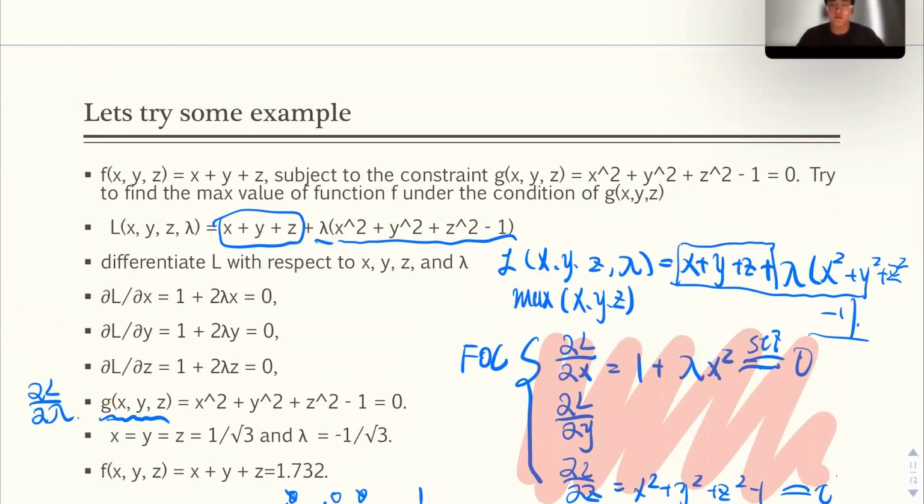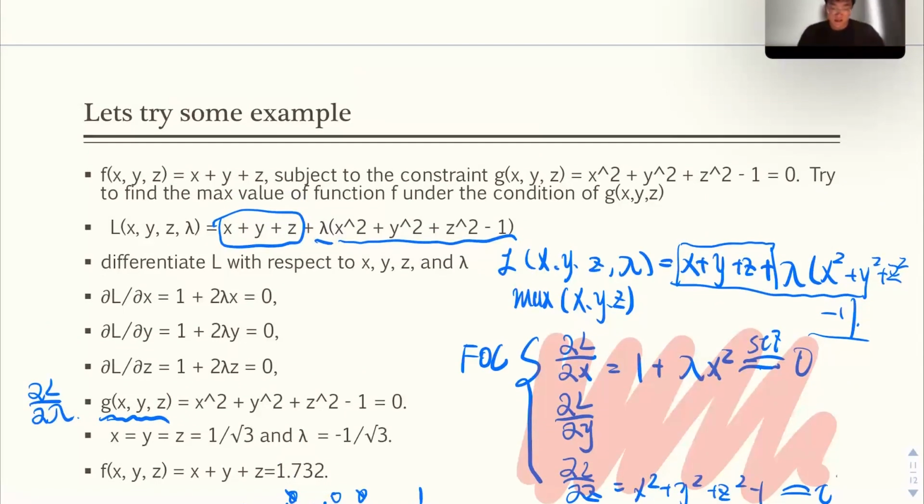Then we're finished. We just have to consider the second derivative conditions to verify whether it's a max or a minimum, but it is an optimized point. If we want to determine whether it's maximized or minimized, we just have to do the second order test.